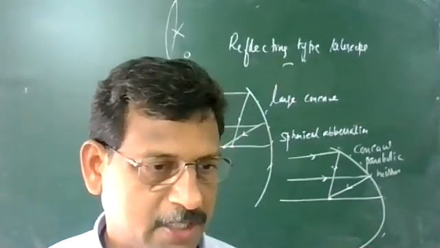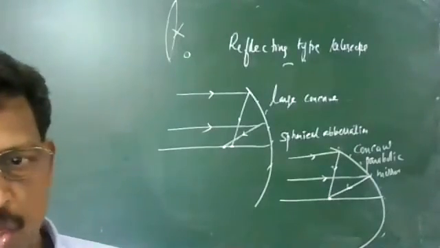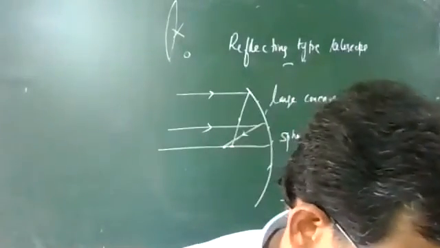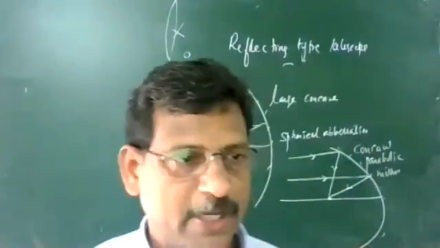I am taking your attendance for a minute. By that time, you can draw these two diagrams. What is the meaning of spherical aberration?